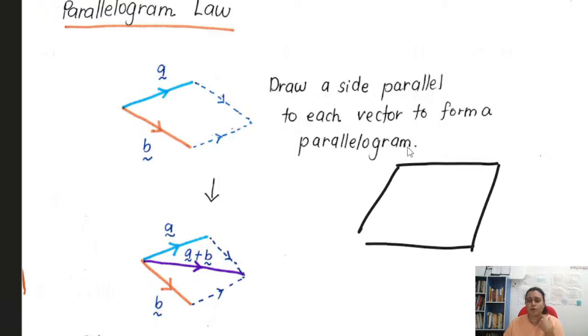So where will be the resultant vector? Yang manakah akan jadi resultant dia? So what you do? You always just check the initial dengan terminal. Check yang tu saja. Ni initial, sini terminal. Sini initial, sini terminal.